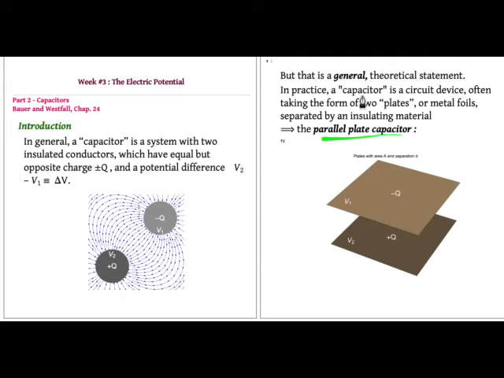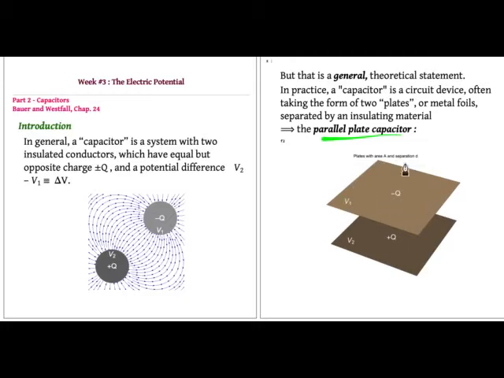Now in realistic circuits, you'd actually have not solid plates, but metal foils close together, probably separated by some insulating material. Could be something as simple as paper. And those two foils are sort of rolled up and put in a cylinder, put in a can.